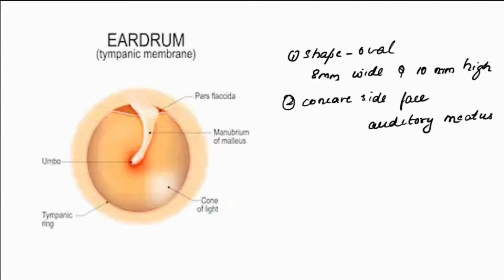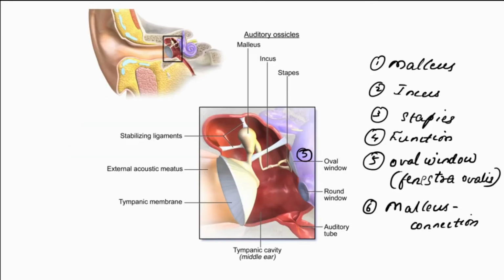Next part of the middle ear, the bones. These are the smallest bones in our body, right? What are the names of those bones? Malleus, incus and stapes. Here we can see malleus is there, incus is there, stapes. These are the smallest bones found in the human body. What's the role of these bones?